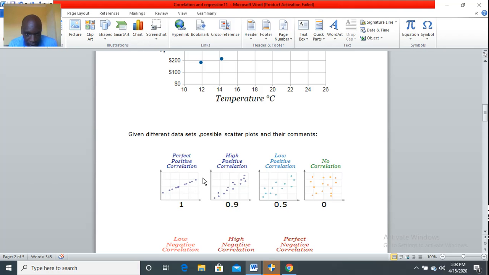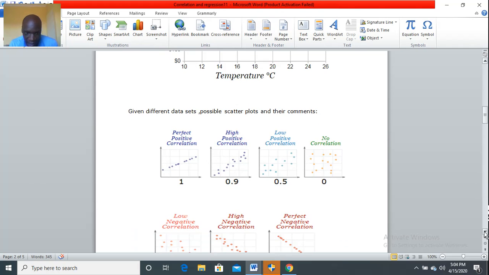Perfect means straight line. High positive correlation, or strong, is when it's going up but not in a straight line. Then low is when they are going up but they are not close to each other. Then when there is no relationship, they will just be scattered.